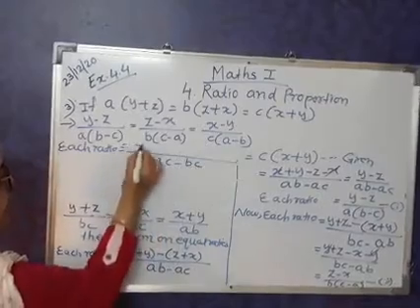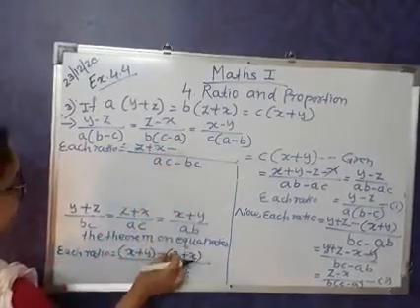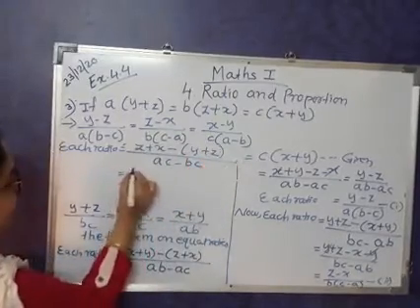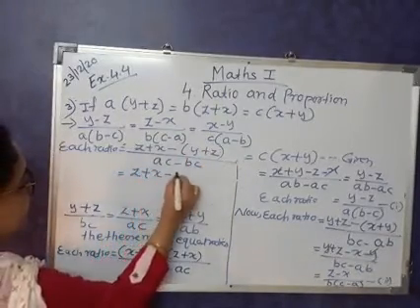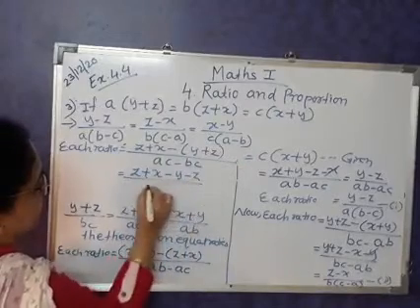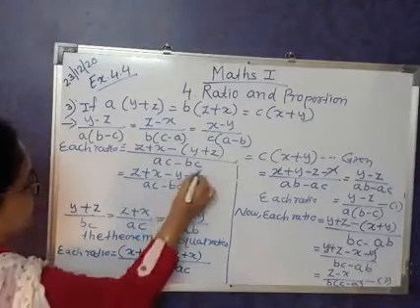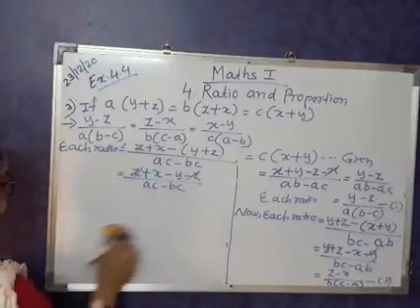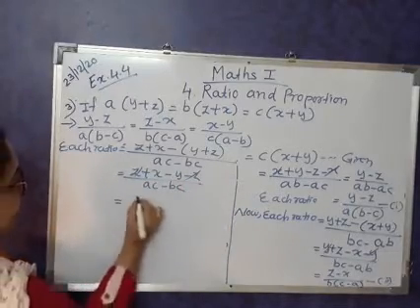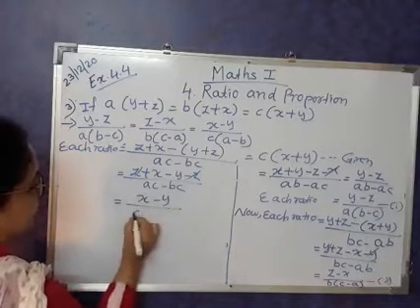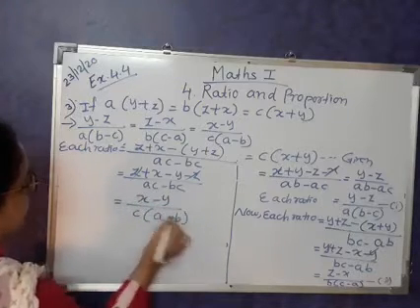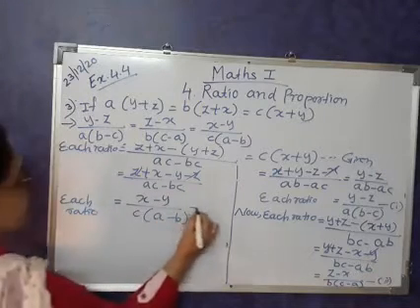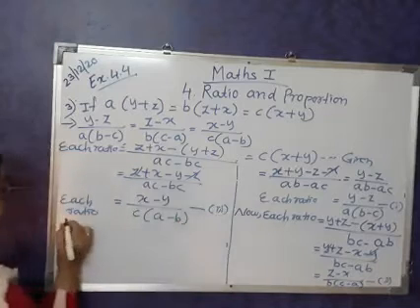AC's numerator is Z plus X, minus BC's numerator, Y plus Z. So what you will get? Z plus X minus Y minus Z upon AC minus BC. Z will get cancelled. So what we will get here? X minus Y upon C, common, (A minus B). So each ratio. This is equation 3.